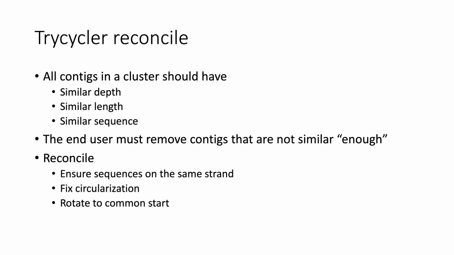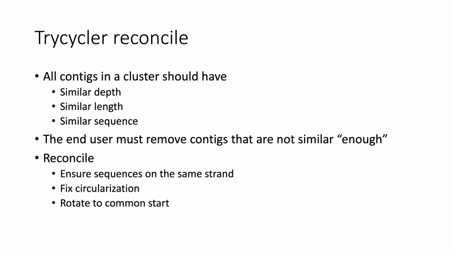And this is why Trycycler has a bit of a human touch to it, because the end user has to decide if a contig needs to be removed, or if the depth, length, and mutation similarity parameters need to be adjusted.